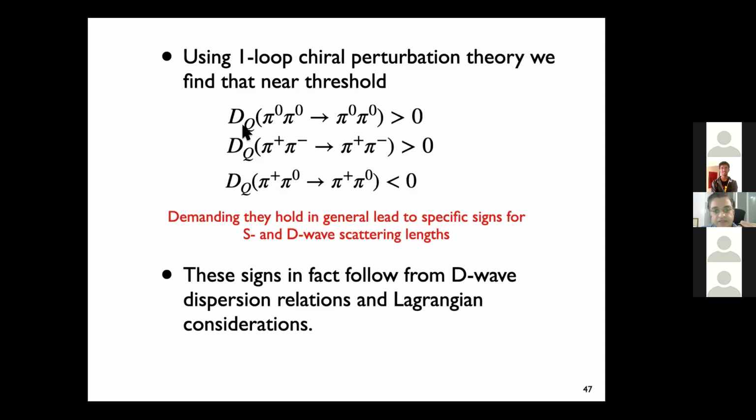All that I'm saying is that we observe that DQ, so far as chiral perturbation theory is concerned, has these signs. You can use this relative entropy argument that we will continue demanding that even a non-perturbative S matrix will respect these signs, or you could say that no, we want the non-perturbative S matrices to respect dispersion relations, which essentially translates into the same signs. I see. Thank you so much.